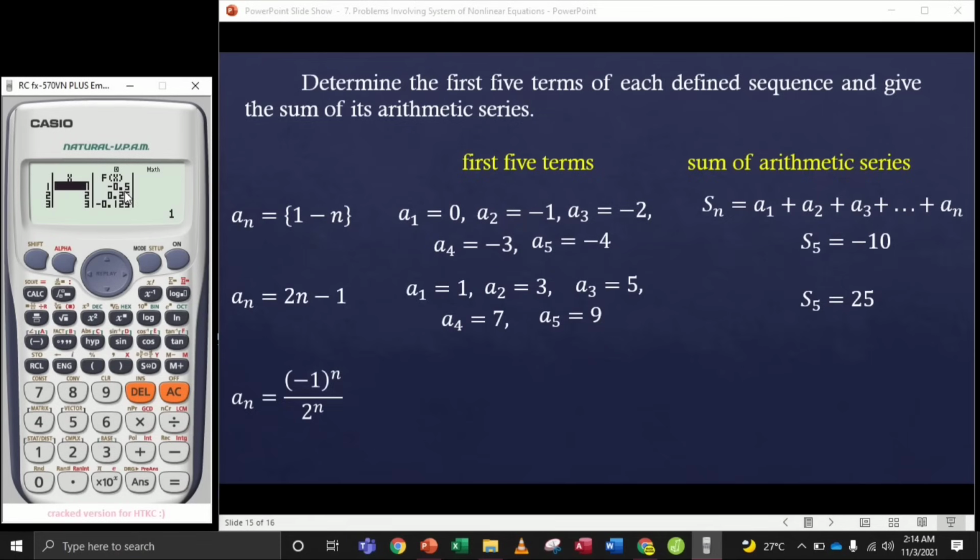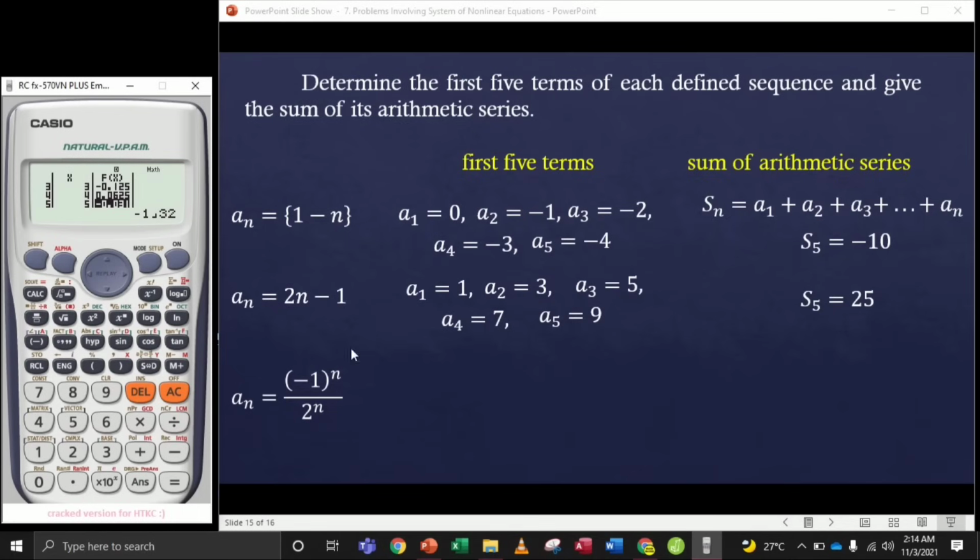Since dito naka-decimal, pwede nating i-convert, no? Kasi dito naka-fraction yung sagot natin. Okay, so yung first term natin is negative 0.5. So in fraction, that is negative 1 half. Ito, 1/4. Ito, negative 1/8. Negative 1 over 16 and negative 1 over 32.